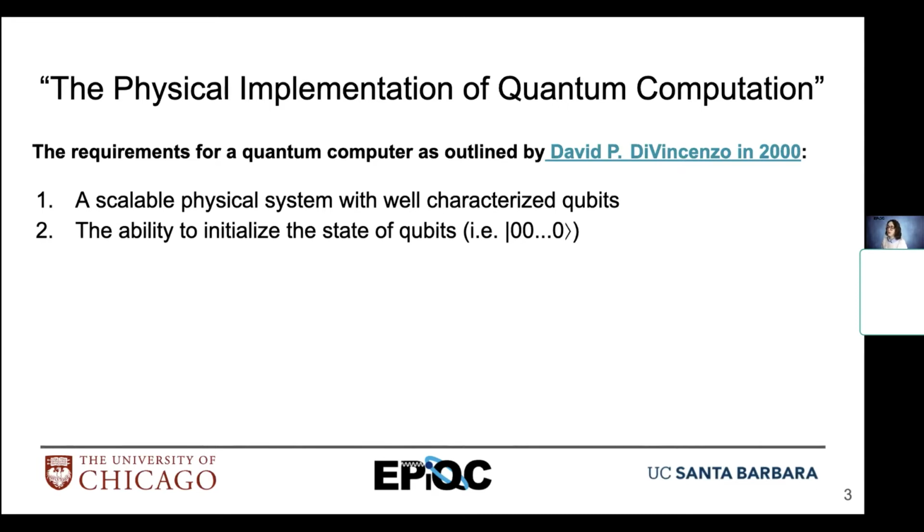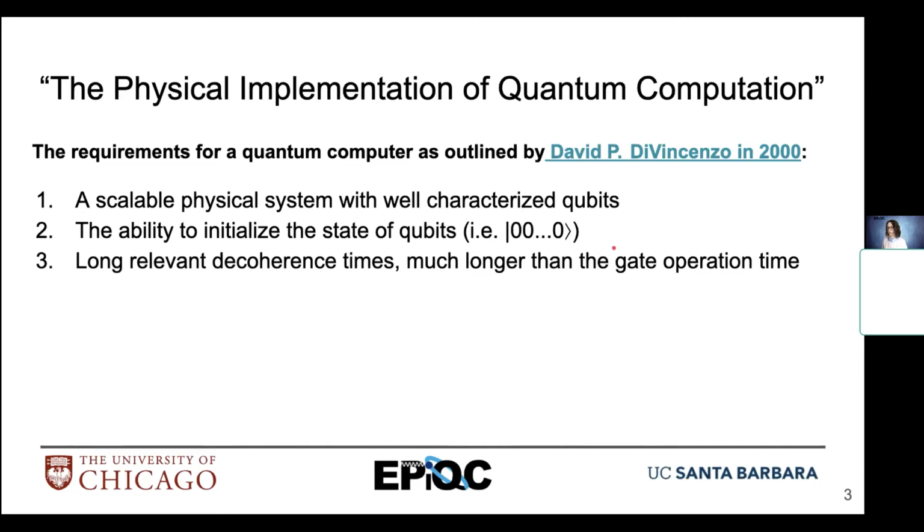So we need to start in some known state, and just because it's easier, we often start with the ground state of all 0. We often call the logical encoding our quantum register for our qubits, and that will start in 0 before we act on it to put it into superposition, entanglement, whatever our algorithm requires.